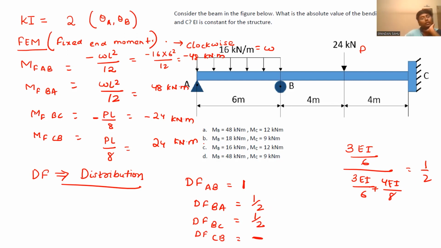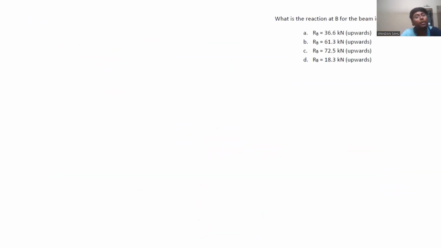So now we calculated the fixed end moments, then we calculated distribution factors. Now we need to draw the table, which is called the Hardy-Cross table or iteration table. I am drawing it here.